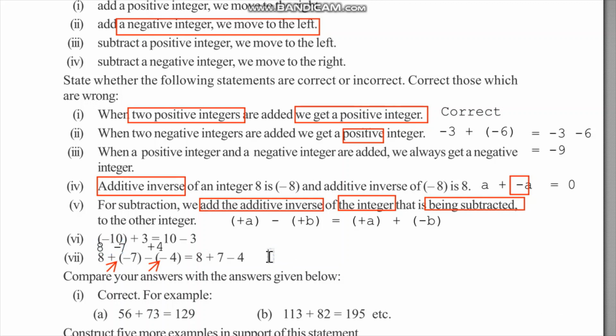I'll just write it this side so that you can see better: 8 minus 7 plus 4. This gives 5. However, the right hand side of the equation that they have given is 8 plus 7 minus 4, which is not equal to 5. This is equal to 11. So this is not right. This statement is not correct and the correct answer is 8 minus 7 plus 4.